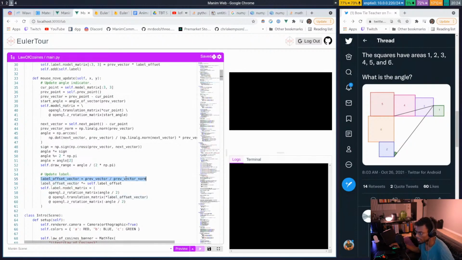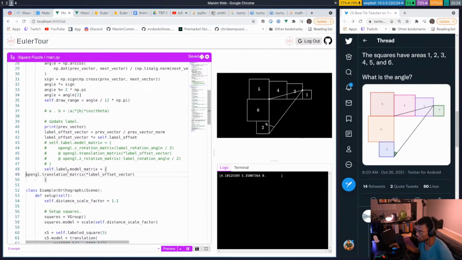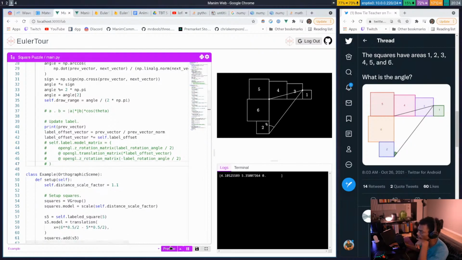This label offset vector. No, this angle was just angle. So I'm going to do the first thing I did before and undo that rotation by angle.